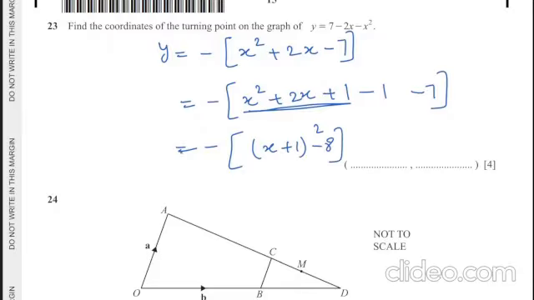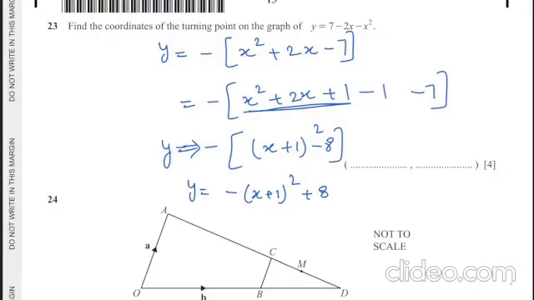Okay, bracket close. So y equals minus of x plus 1 the whole square. Now opening the bracket, y is equal to minus of x plus 1 the whole square plus 8.